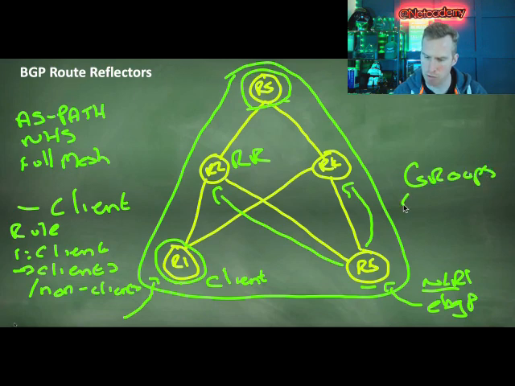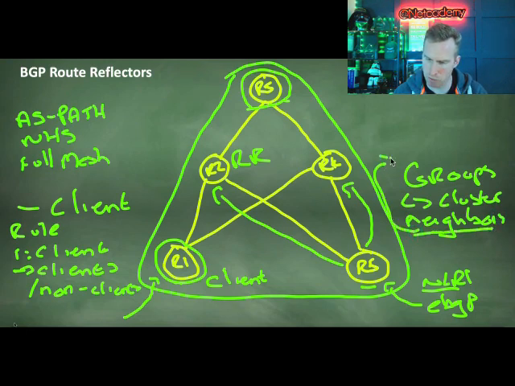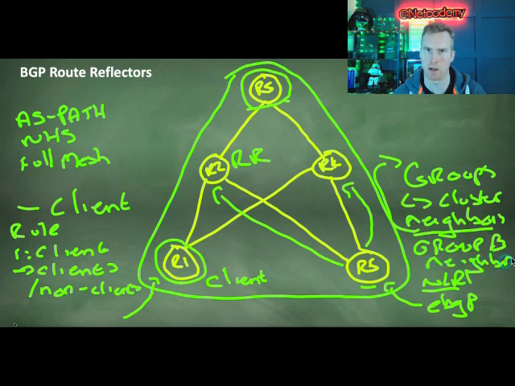And within that group, you basically define a cluster to have a route reflector. And then you define neighbors as well. So all those neighbors that fall within this particular group will be a client. If you then have another group, so let's just call it group B, all those neighbors within group B will be non-clients.